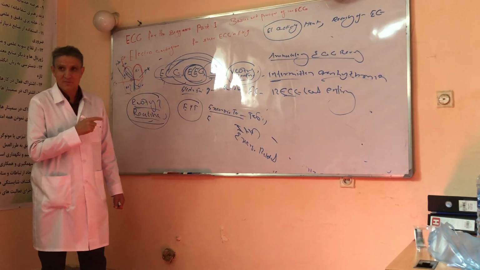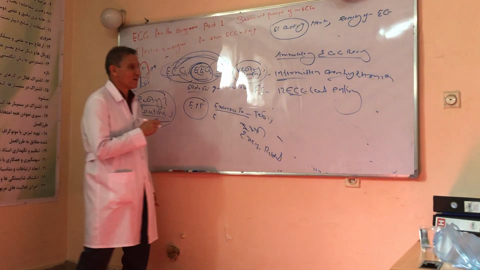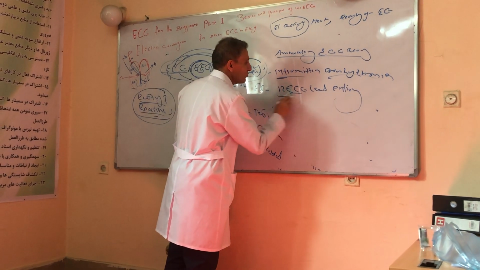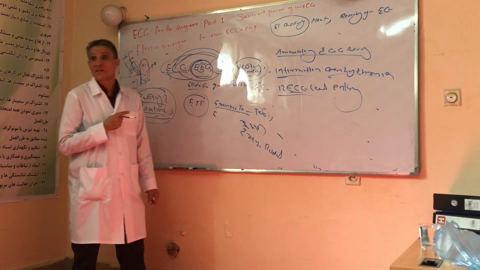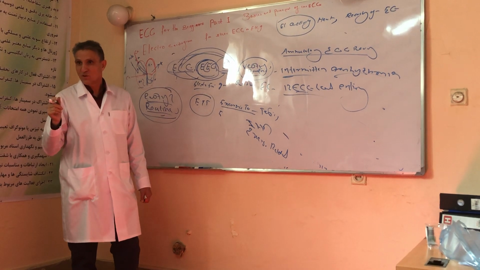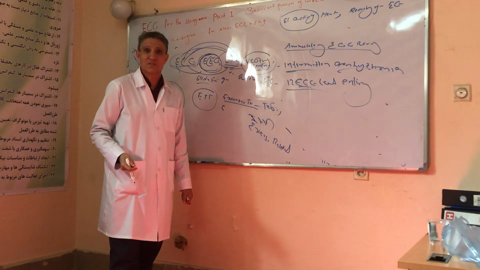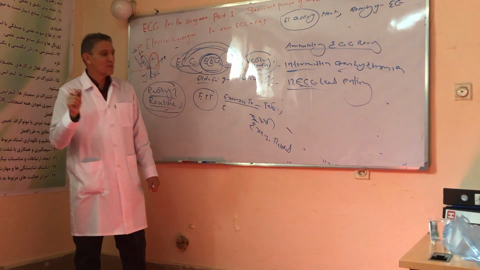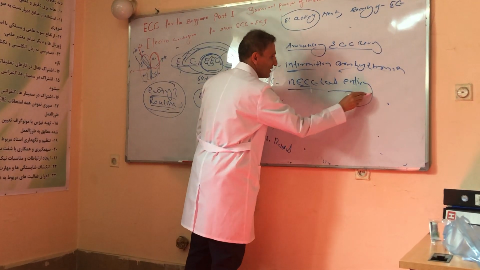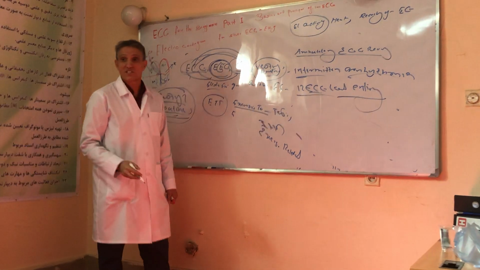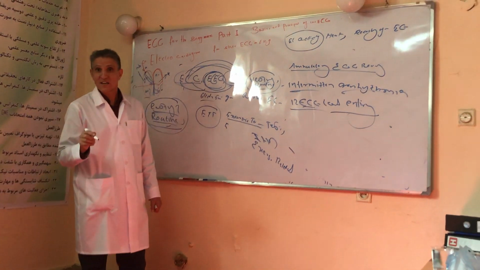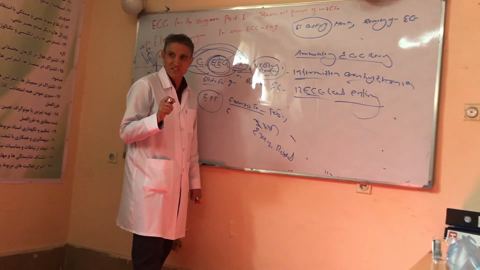What should we do to at least record this intermittent arrhythmia? Between 2 attacks, the 12 lead ECG may be quite normal. So for this reason, we should use another alternative method to record intermittent arrhythmia.